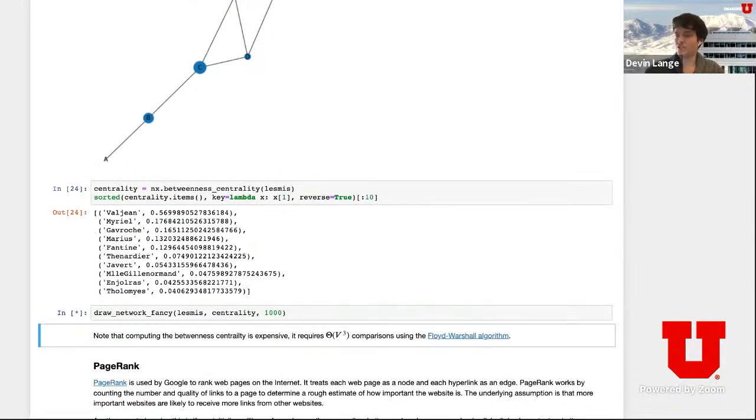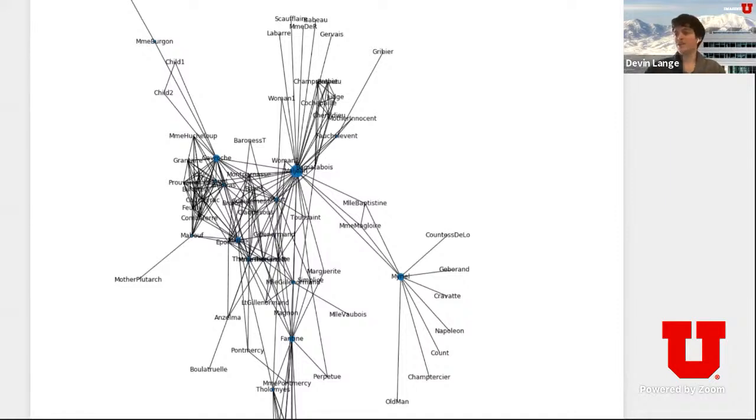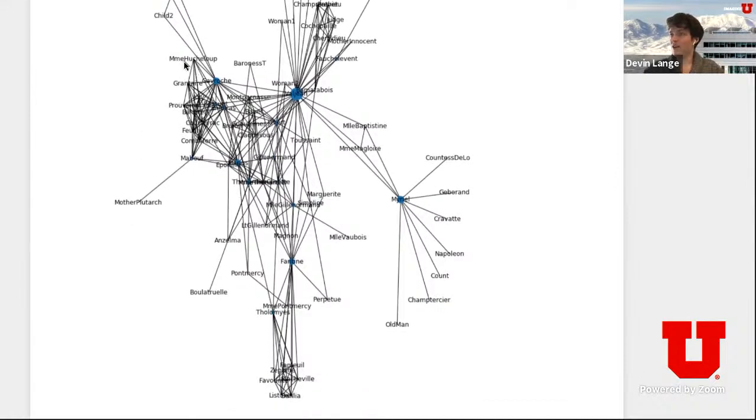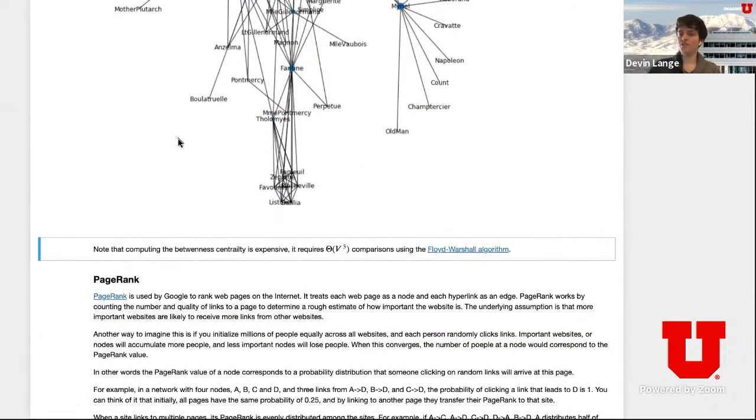Yeah, and here we just do the same thing with our Les Mis data set, where we get this very central Valjean and not so central but highly connected nodes over here. An important thing to note with this is that in general, this can be computationally expensive: the number of vertices cubed.